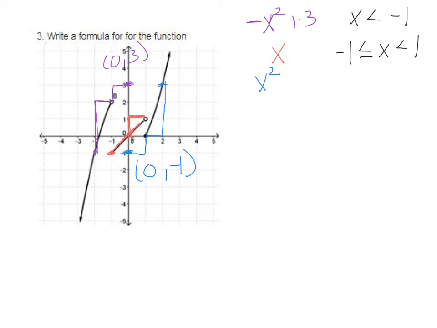And then I moved down 1. It's positive, pointing up, so there's no negative in front. My restriction would be x is greater than or equal to 1, because it was a solid dot. And that's my piecewise function. So it's these three equations together that make that graph. Hopefully that helps. Let me know if you need more help.